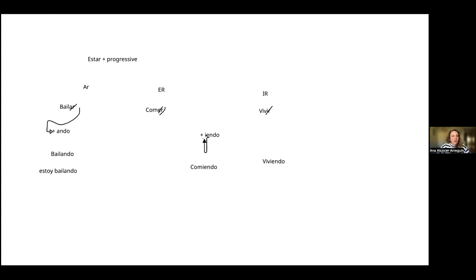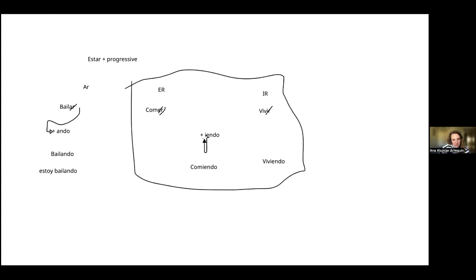Both of these have the same endings, and AR has the same endings too.